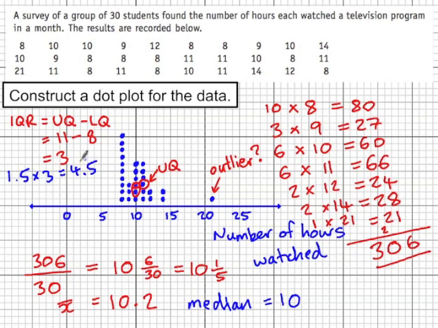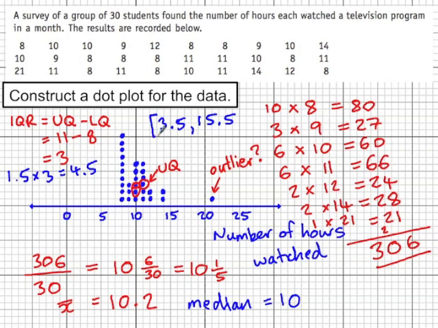Then we add this to the upper quartile. So our upper quartile was 11, and 11 plus 4.5 is 15.5, and we subtract that 4.5 from the lower quartile, which was 8, so that's 3.5.